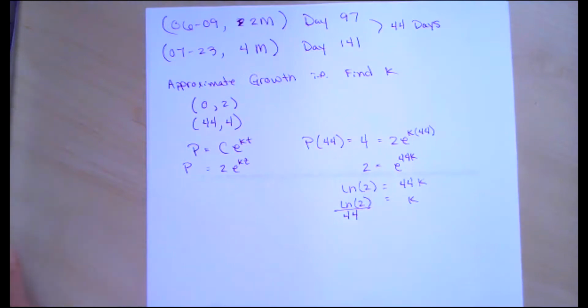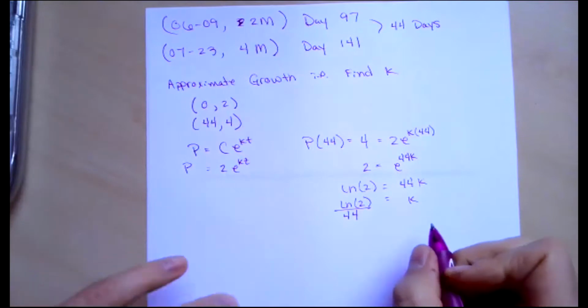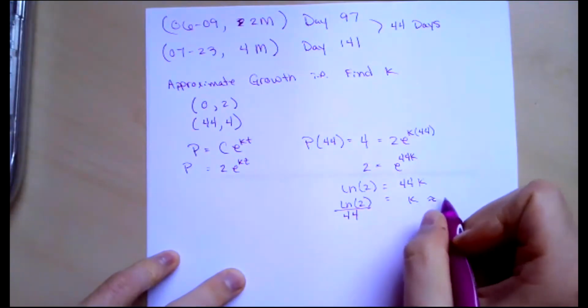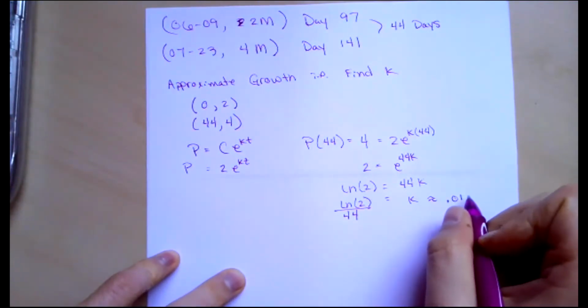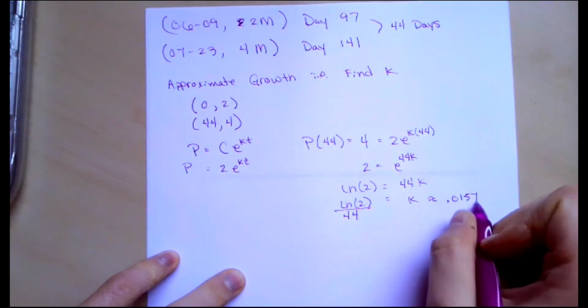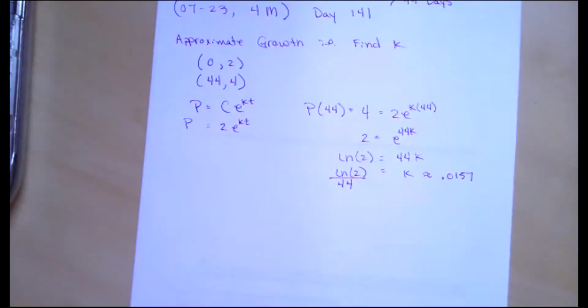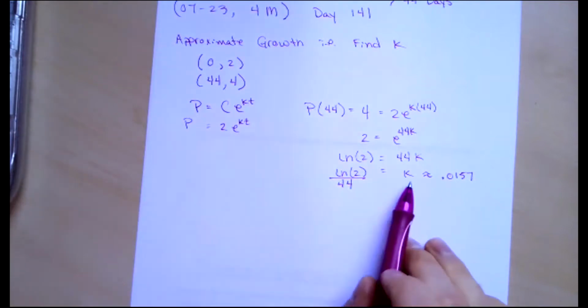Type that in. And so that's going to be about 0.0157 is our growth rate. And I want to keep this growth rate.